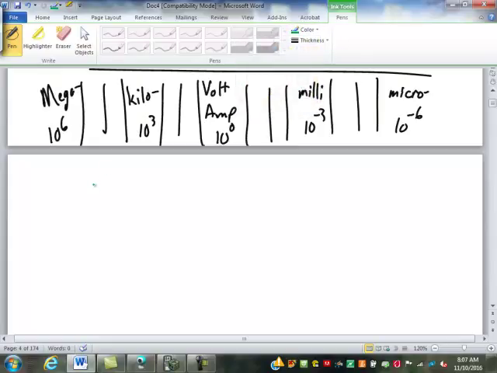So look at voltage. Volts equal current times resistance.